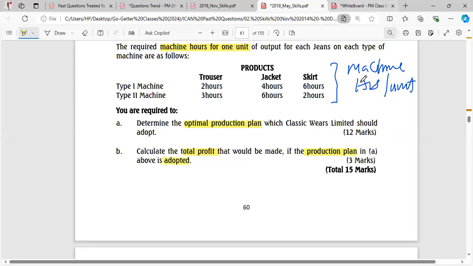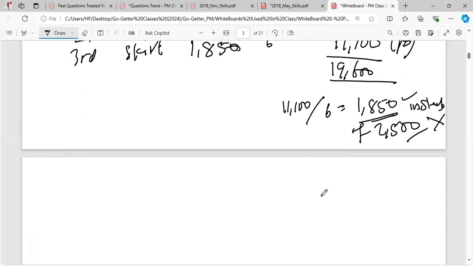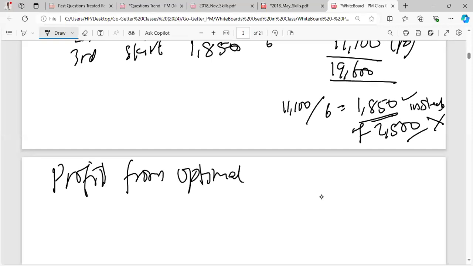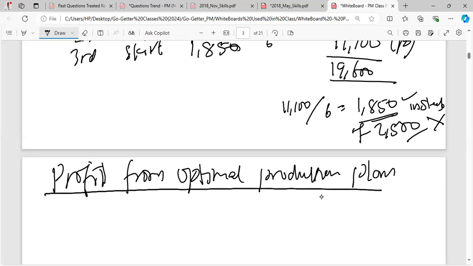So what's the profit we are going to make? The B part is profit from optimal production plan. So this is the profit we want to get here.